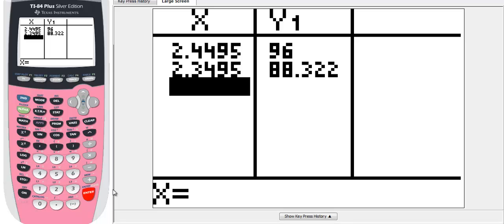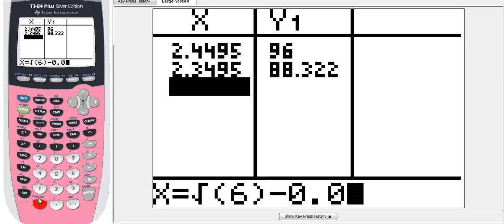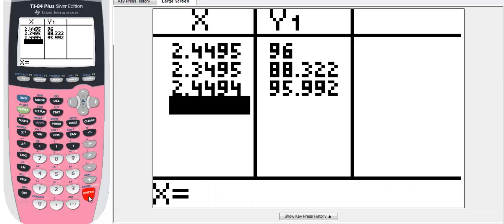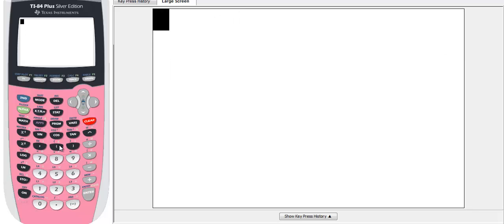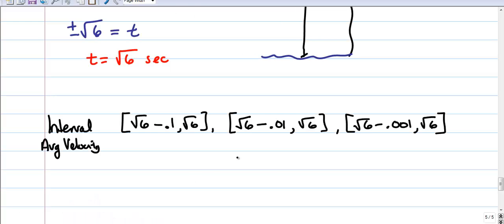And I would slowly do that and get closer and closer and closer. So eventually, in my table, I might have something like this. Square root of 6 minus 0.0001. Let's do another one. Let's do 0.1. And so I would get 95.992, and then I would subtract that from 96 and divide. So just like the other ones.